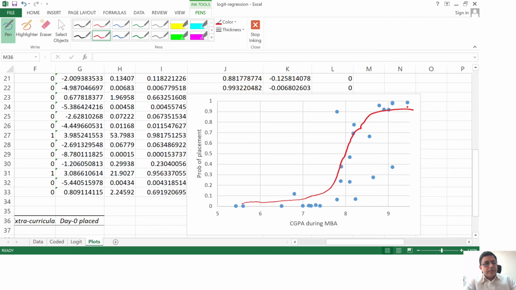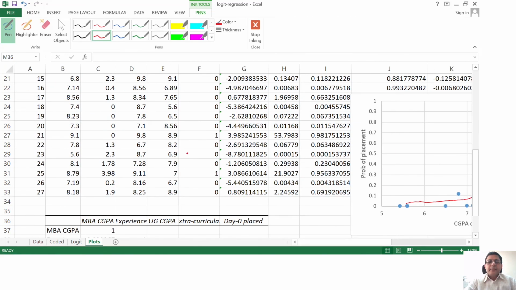So this is that famous S curve. Obviously our S curve is not very precise, but this is what I would have expected my response variable to behave.